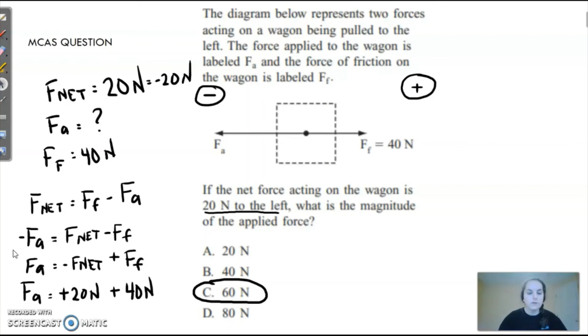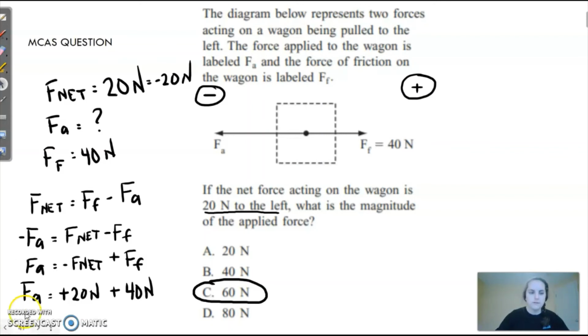So your force applied is 20 plus 40, so 60 newtons. And that makes sense because remember that our frictional force is opposing that motion. But because we're still moving to the left, well, we have to have more force in that direction. So the applied force has to be 60 newtons in order for this net force to be 20 newtons to the left.